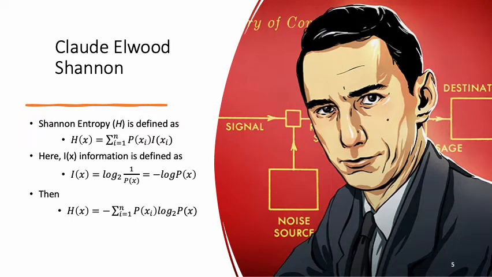Claude Elwood Shannon was a young engineer working at Bell Labs in the 1940s. One day, he began pondering over the uncertainty and information transmission in communication systems. These thoughts led him to his groundbreaking work that would lay the foundations of information theory. Shannon developed a method to understand the flow of information in both natural and man-made systems. In this method, he used a concept he called entropy to measure the uncertainty within a message.